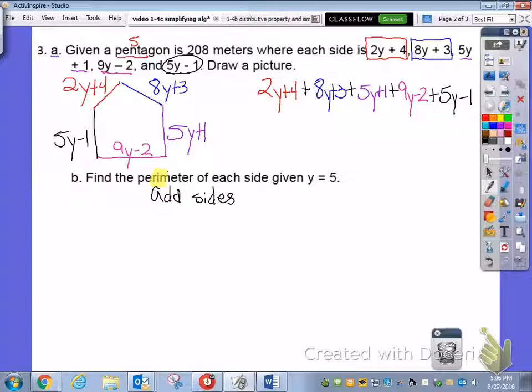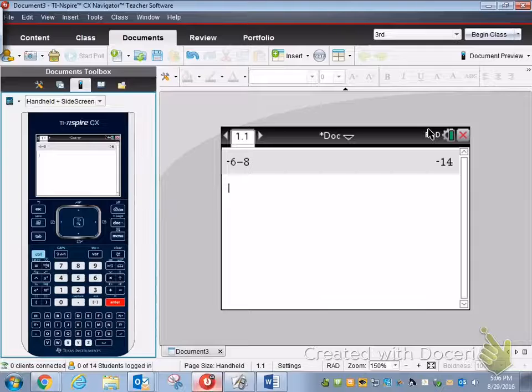Okay, I'm just adding all the sides. And with the colors, it helps. I started with the red one, so I go all the way around until I get to the red one. Now, by combining like terms, I look for everything that has a y. 2y, 8y, 5y, 9y, 5y. So I can add all those together, okay?